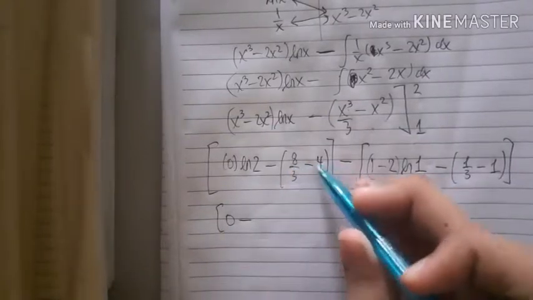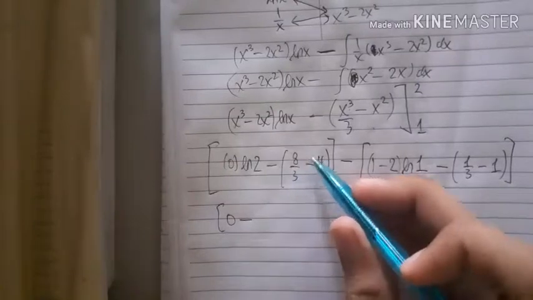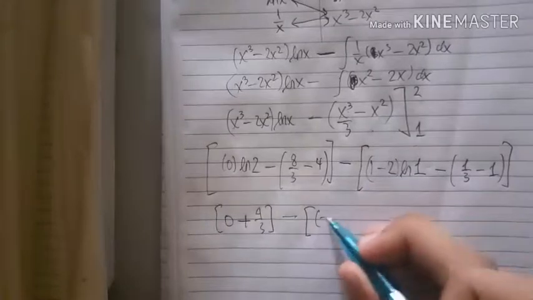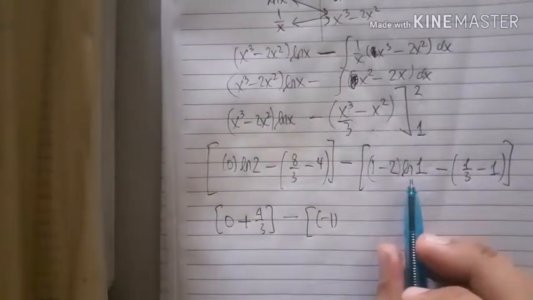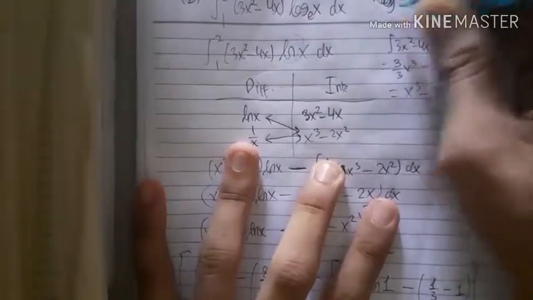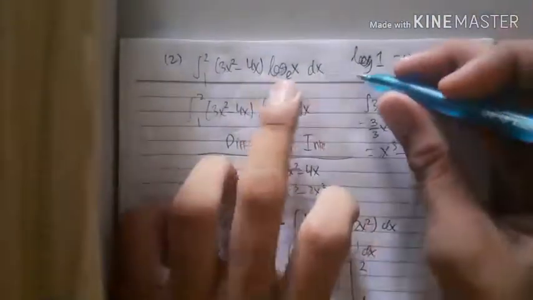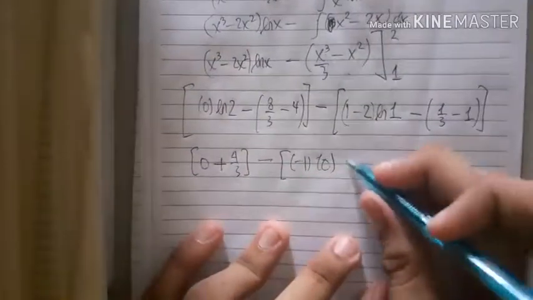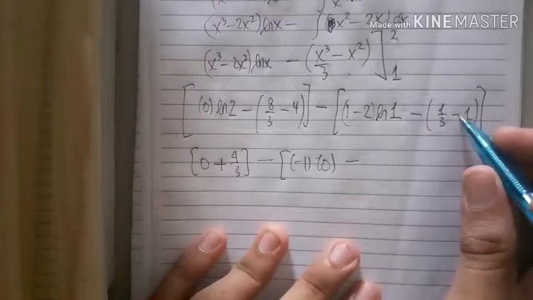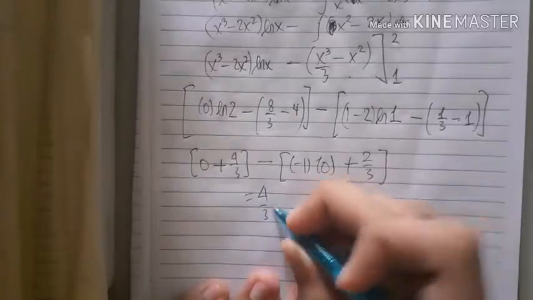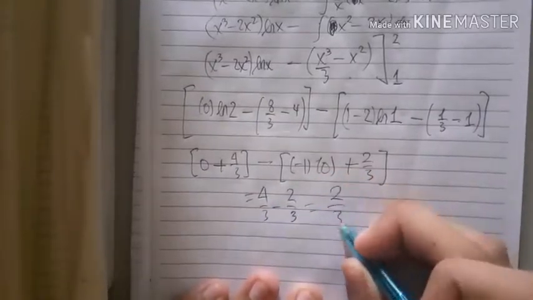So 8 over 3 minus 12 over 3 is minus 4 over 3, and minus 1 over 3 minus 1 is minus 2 over 3, so plus 4 over 3 minus 2 over 3, which is 2 over 3.